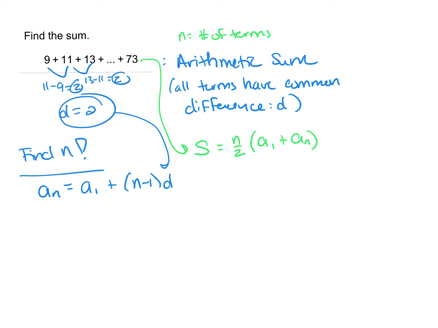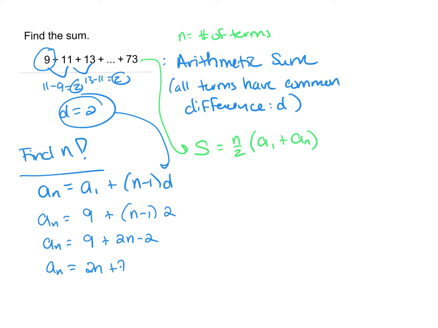We know A1 is 9. So we have A sub n equals 9 plus n minus 1 times 2. Rewriting that, A sub n equals 9 plus 2n minus 2, so A sub n equals 2n plus 7.